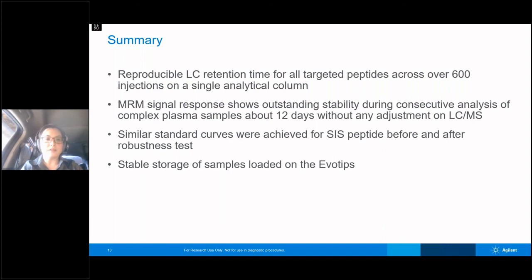Very similar standard curves were achieved using isotope-labeled peptides before and after the robustness test. We also observed that samples loaded on the Evotips are very stable, because we prepared all the samples and loaded them on the Evotips before our experiment, and stored the remaining samples in the refrigerator for more than 10 days.